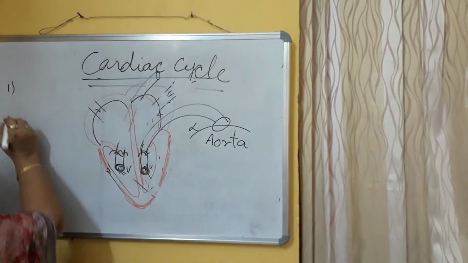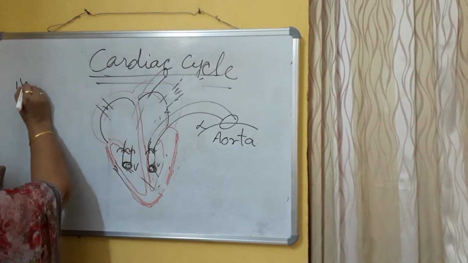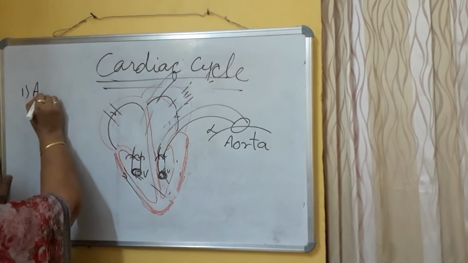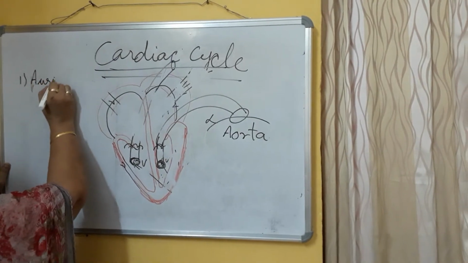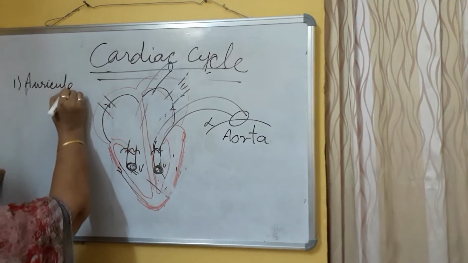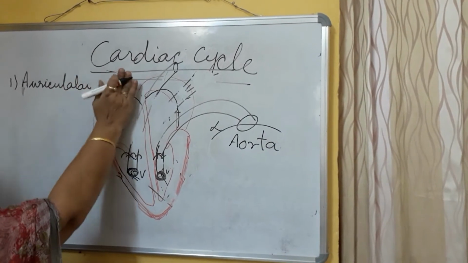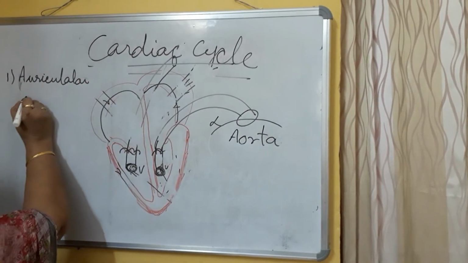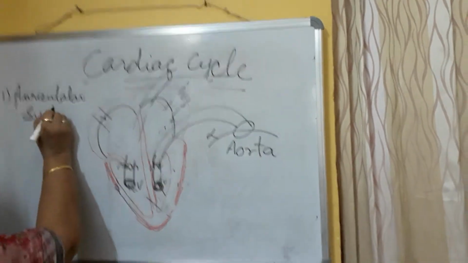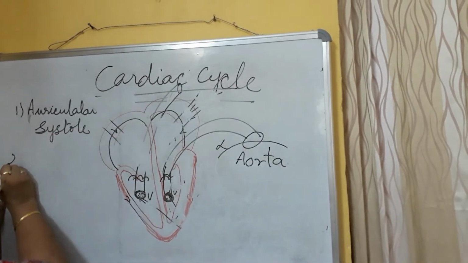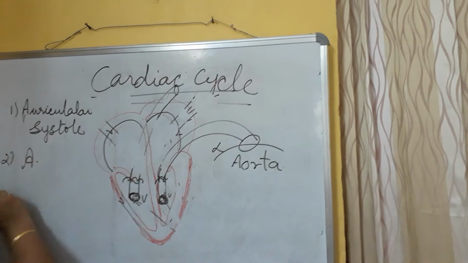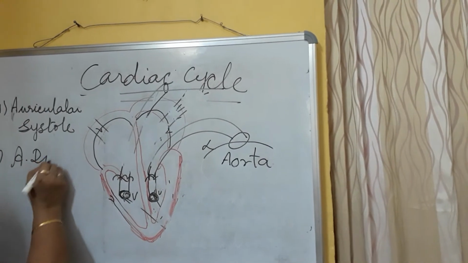First one is auricular systole. Second one is auricular diastole.